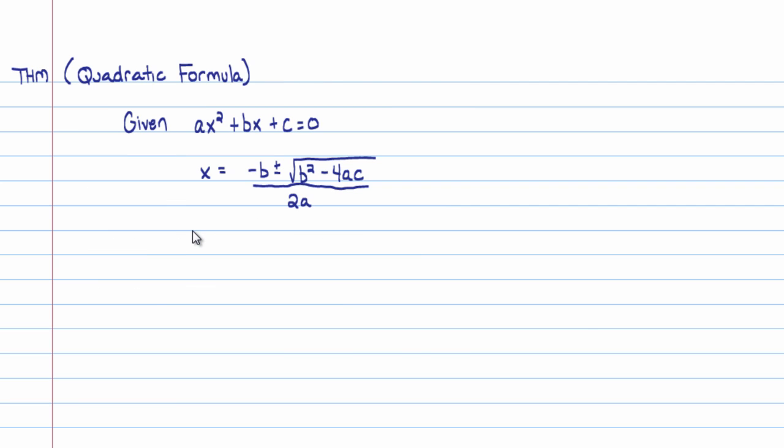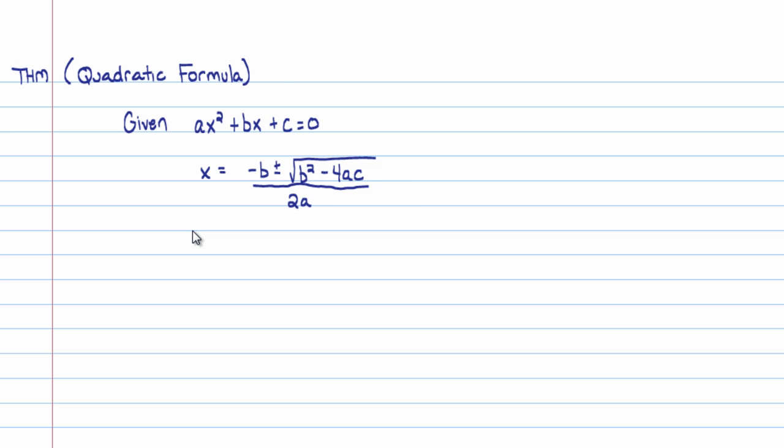Now let's recall the quadratic formula here. Given a quadratic equation, in other words, an equation where a polynomial is involved of exactly degree 2, and it's given in the form ax squared plus bx plus c is equal to 0, where a is the coefficient of x squared, b is the coefficient of the x term, and c is the constant.